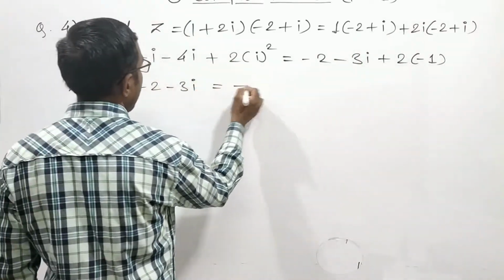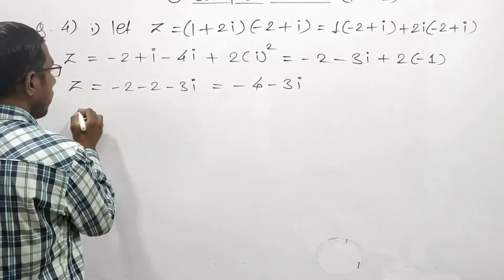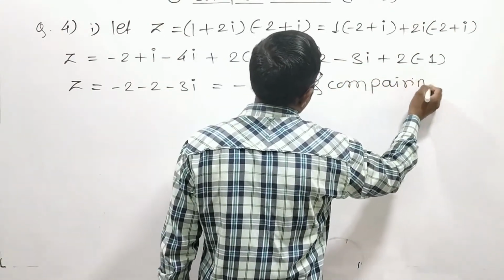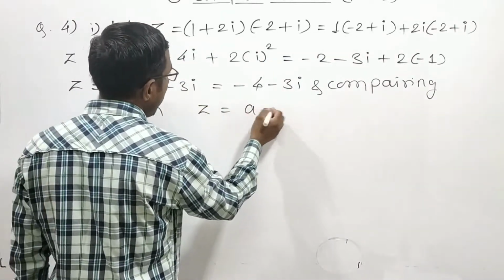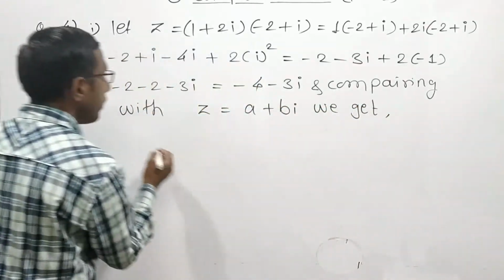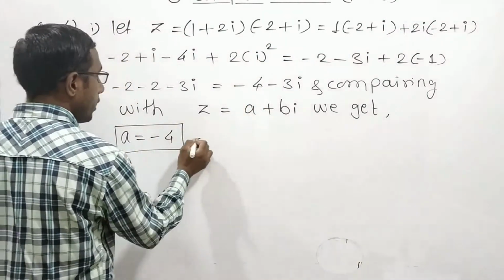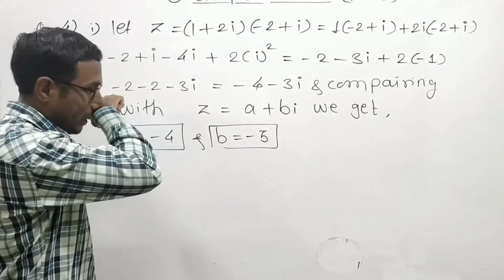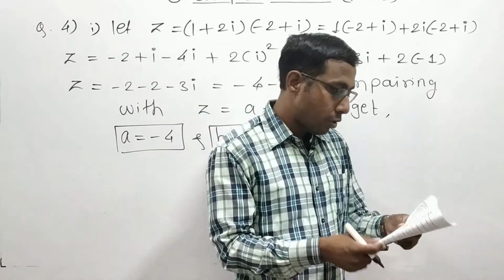So it will be minus 4 minus 3i. Now comparing with z is equal to a plus bi, we get a, the real part, as minus 4, and b, the imaginary part, as minus 3. Is that clear? So write it fast. So this is the first bit from question number 4.